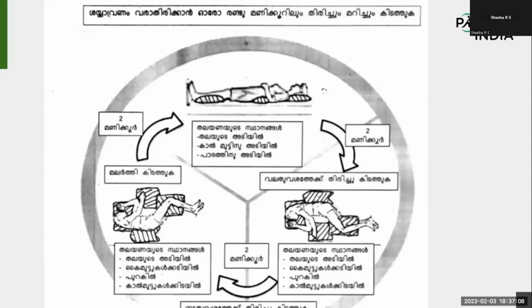From this picture they can understand how to turn and which areas to place the pillows. So if possible, you can give this kind of leaflet to the patients and caregivers to keep in the room, and whenever they go in to care for the patient, they can refer to it.